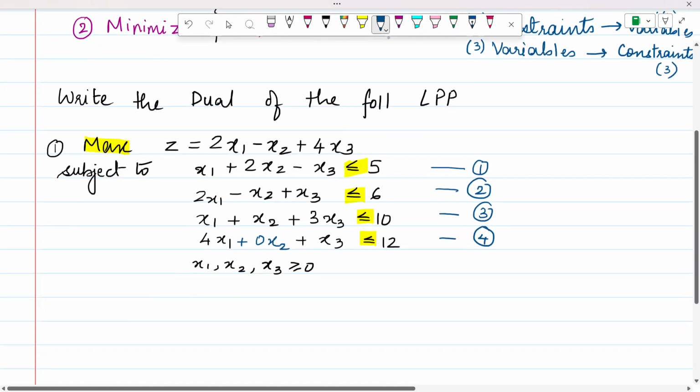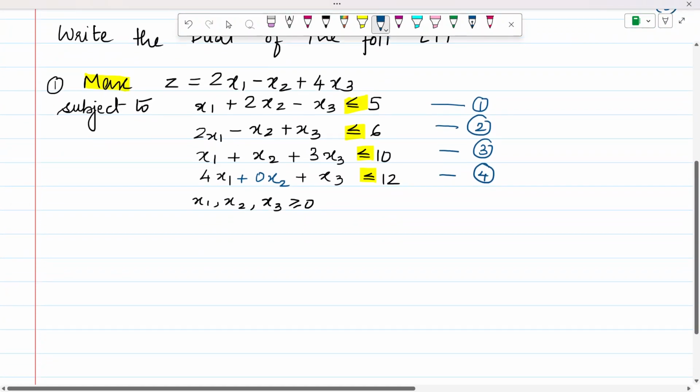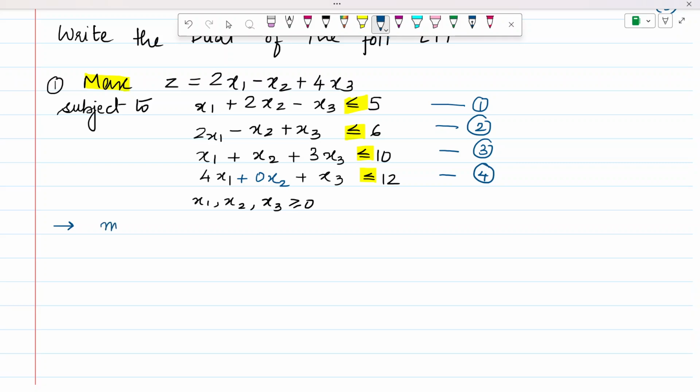So let's look at the dual of this particular problem. To begin with the dual, the maximization question, the dual will become minimization. So I'll have to minimize another variable, say w, not z. I'll minimize w equal to 5y1 plus 6y2 plus 10y3 plus 12y4.